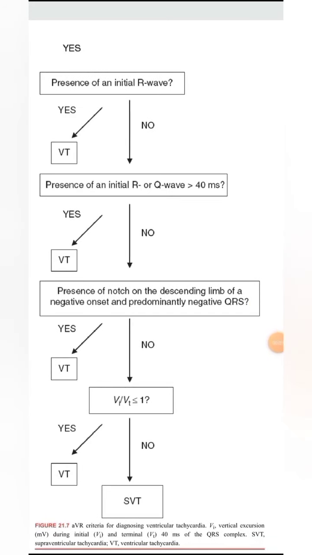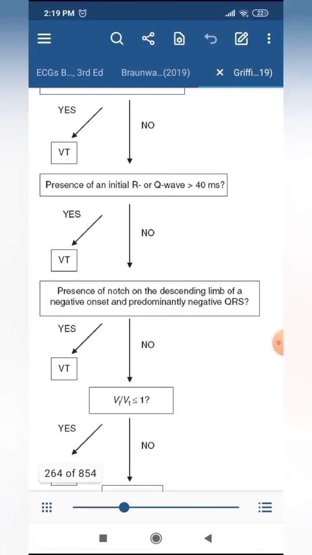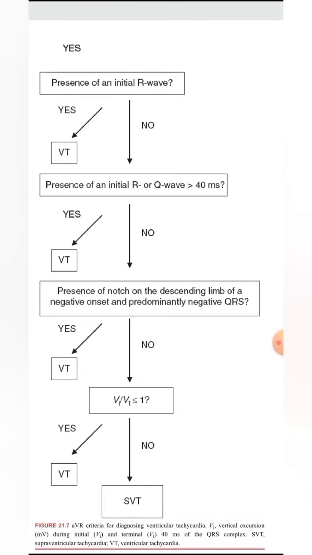So in this video I have tried my best to explain the differences between ventricular tachycardia and the other differentials of wide complex tachycardia. There are so many criteria that are mentioned in different books and with different names, like Brugada criteria and aVR criteria, which we have discussed, and so many other names as well.